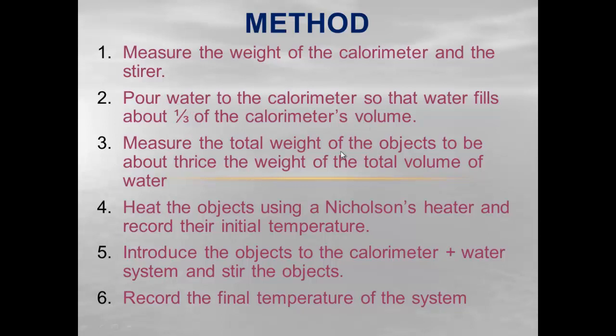Since the total weight of the objects is thrice the weight of the water, the total will be the weight of the water plus thrice the weight of the water, so that will be 4 times the weight of the total volume of water. So the volume of the calorimeter should be sufficient to hold all this, so that water doesn't spill off or flow off. So you have to consider that.